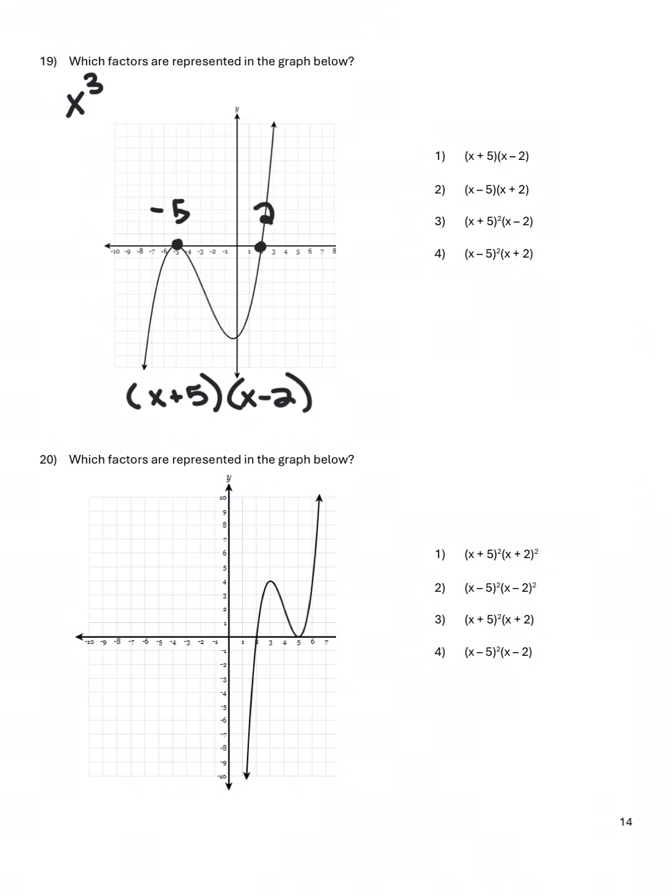So if you notice, see how right here at x equals 2, the graph crosses through the x-axis? When a graph crosses through the x-axis like this, it means we only have one factor. But if you look right here, see how the graph comes up? And when we hit -5, instead of crossing through the x-axis, it touches the x-axis and bounces back off, right?